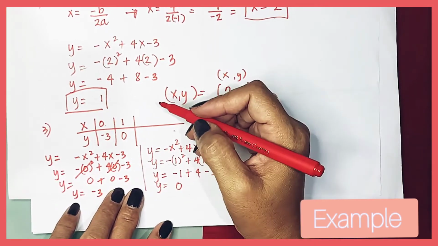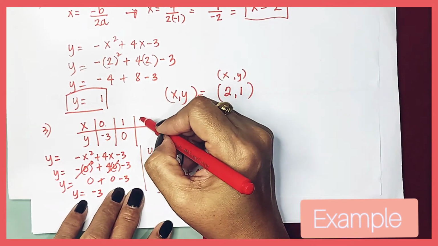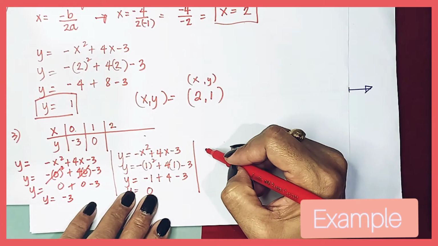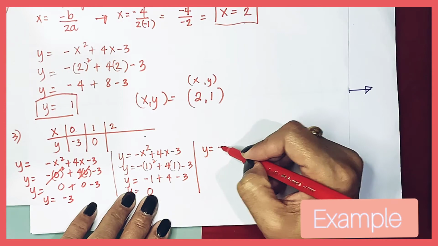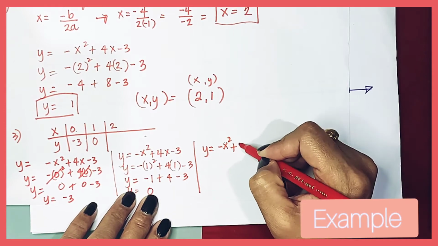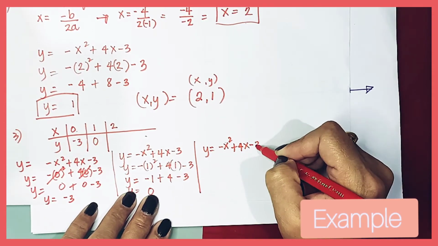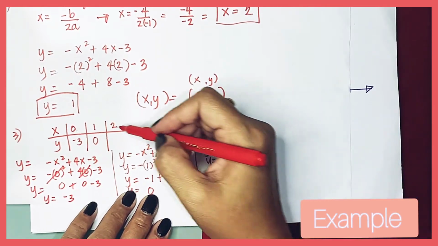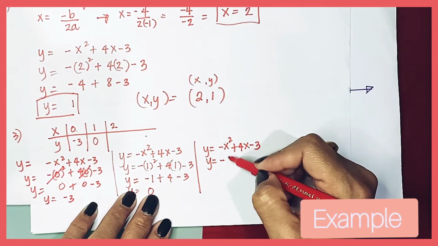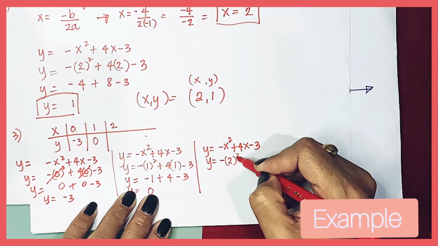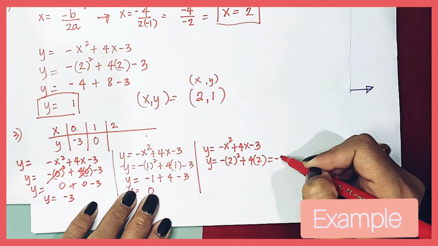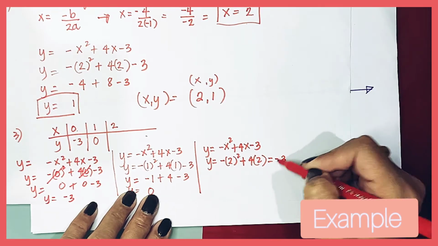Now what if your value of x is equal to 2? So you have y is equal to negative x squared plus 4x minus 3. Substituting the value of x, which is 2, you have negative 2 squared plus 4 times 2 minus 3.